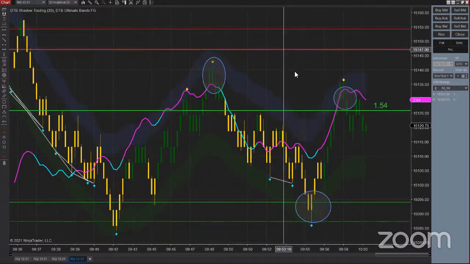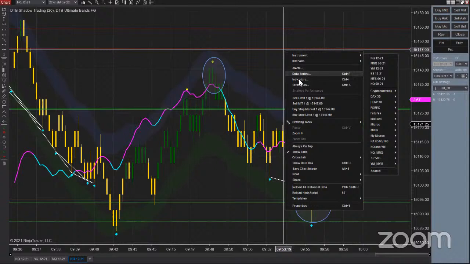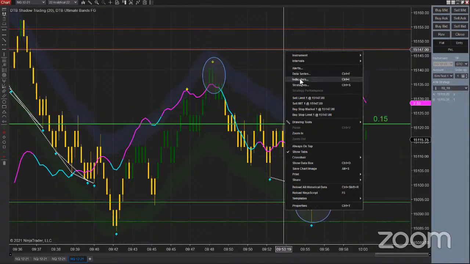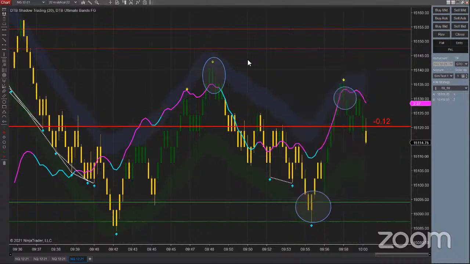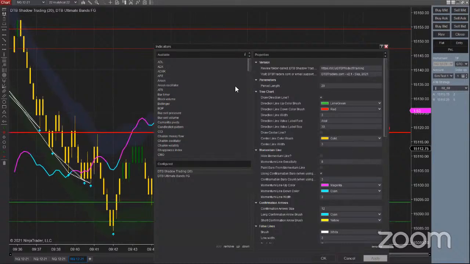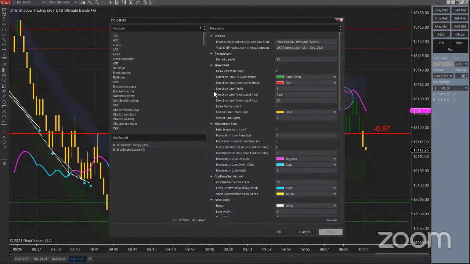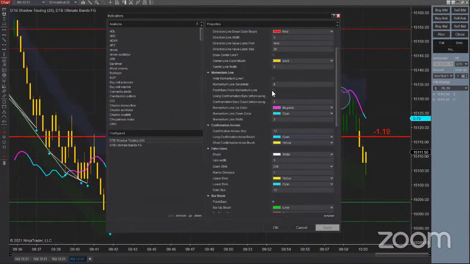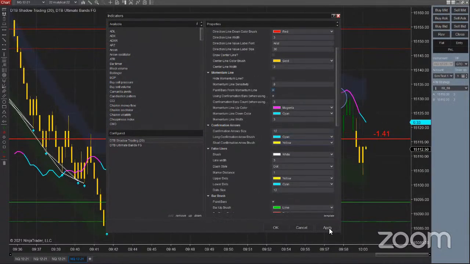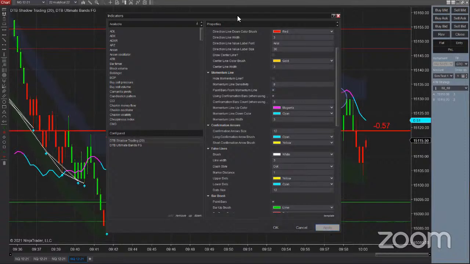Looking at this indicator some more, one second, we've got a few different options here. We've also got an ability to paint the bars from the momentum line. So looking at that, look how that has changed things now.